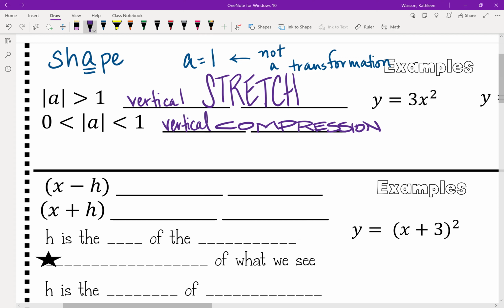If your slope is 5, that's a really steep slope. It's very vertical. If your a is 5, that's a very skinny, tall graph. If your slope is 1/10, that's almost flat. That's very compressed. So a is similar to slope.